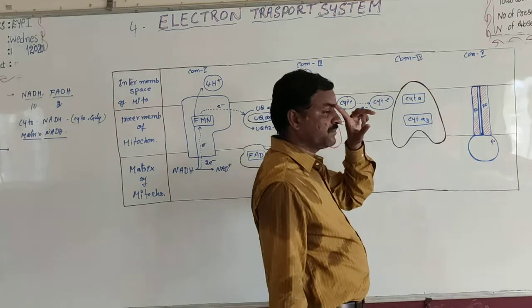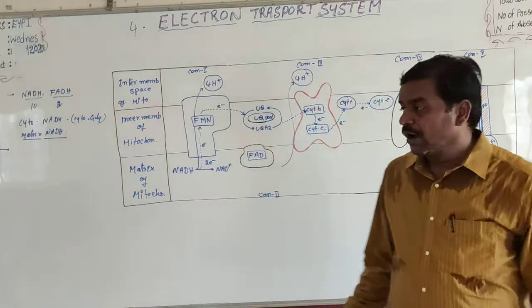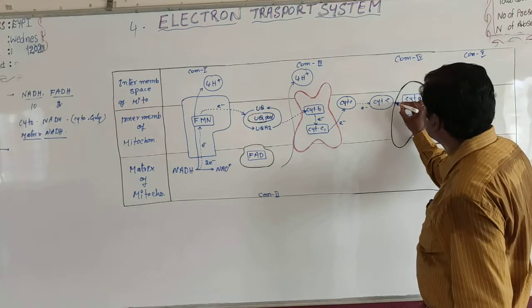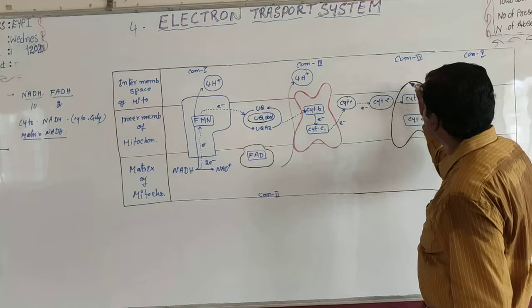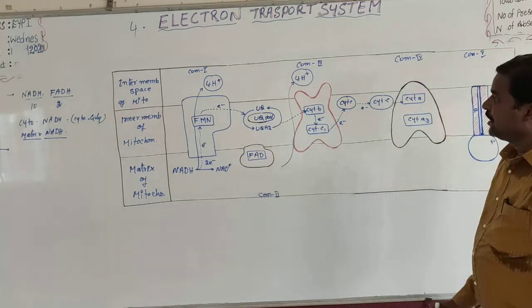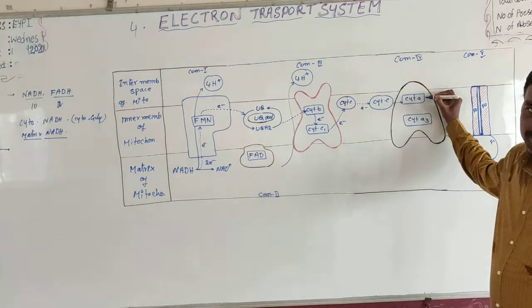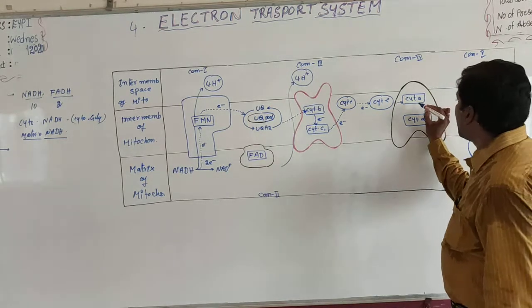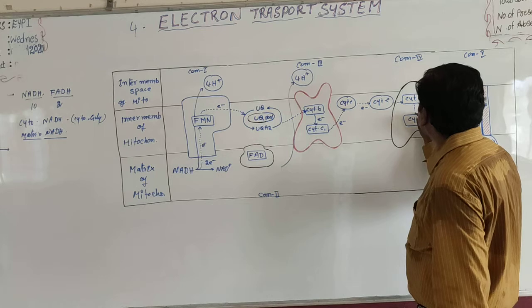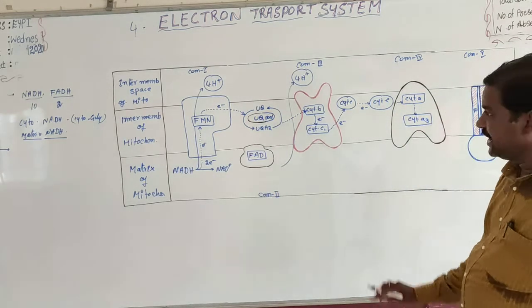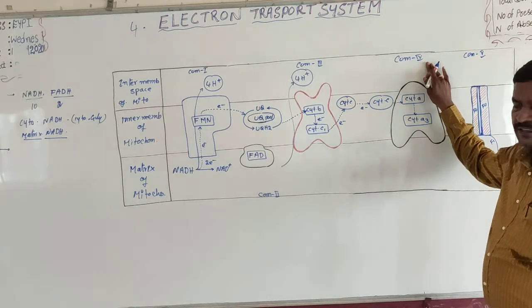towards the complex 4. Now the electrons are transferred to complex 4. Now electrons are accepted by cytochrome A present in complex 4. Now these electrons are transferred to another protein, cytochrome A3, present in the same complex.